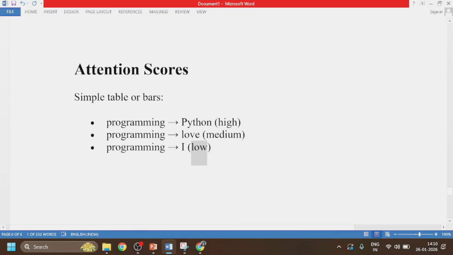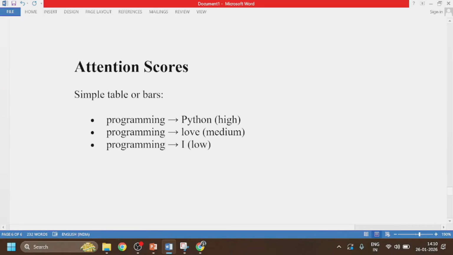The result of this comparison is called the attention score. A high number means more focus, and a lower number means less focus. So there is no meaning here, only weighted relationships.